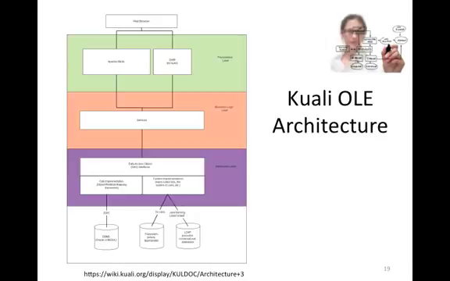This is a system architecture for a system called Kuali OLE. This is for an open library system. And Kuali is a very large open source project between a number of very large universities that have built accounting systems, general ledger systems, research management systems, and now a library system.